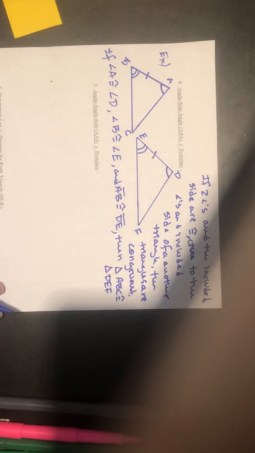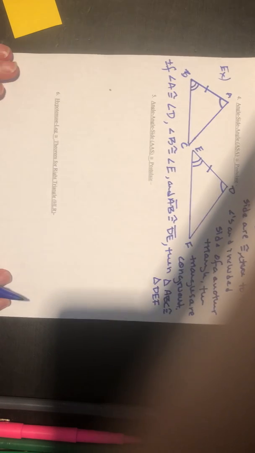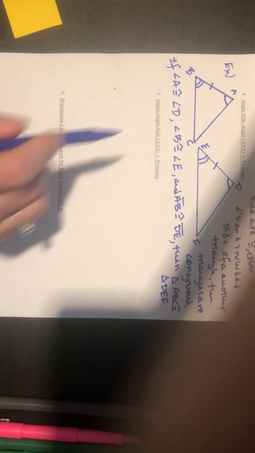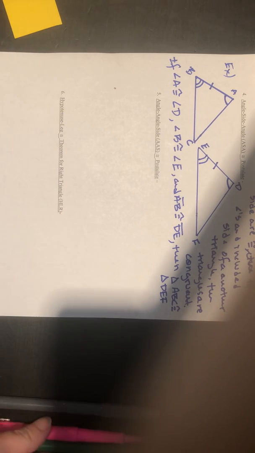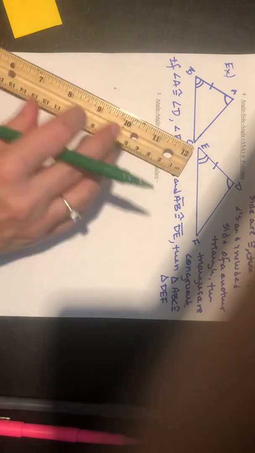Okay, so that's angle side angle. Now, we also can have angle angle side. So if you have two angles followed by a side, if we're going around the triangle, you also can know those are congruent.